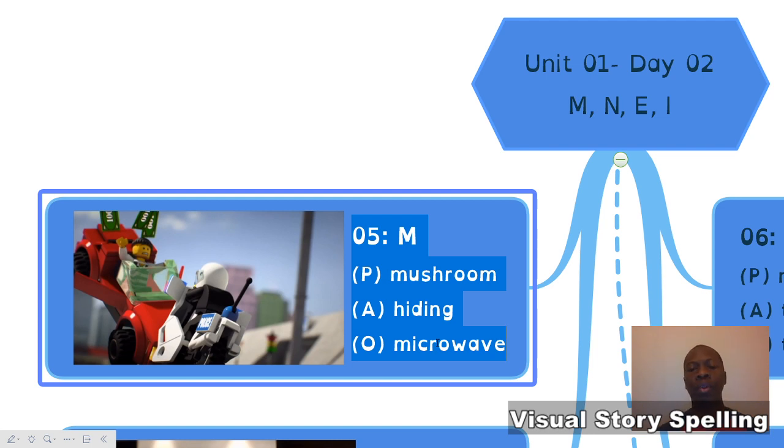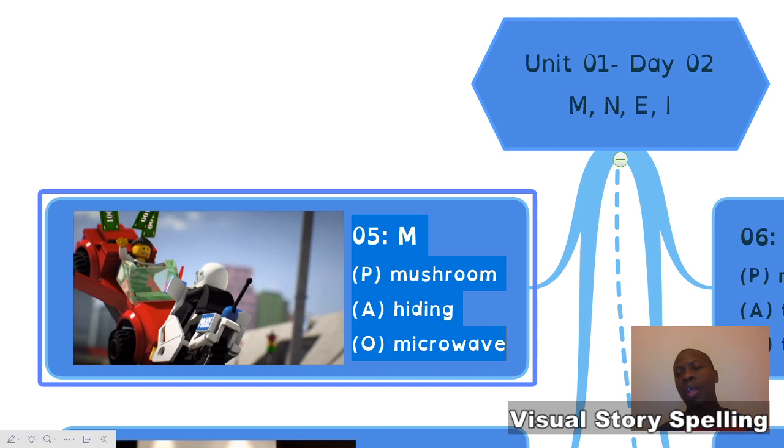Now to help me remember this visual image, to link the character M to this image, I've envisioned a microwave on the back of the scooter, a really large microwave with a mushroom hiding inside it, taking a joyride inside of the microwave on the back of the policeman's motorcycle.